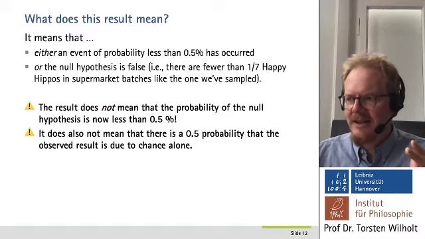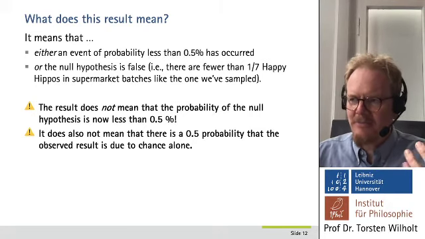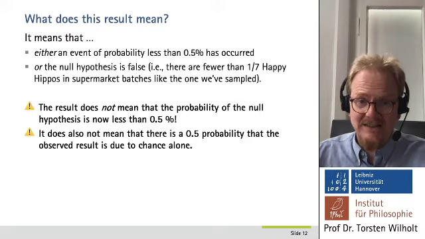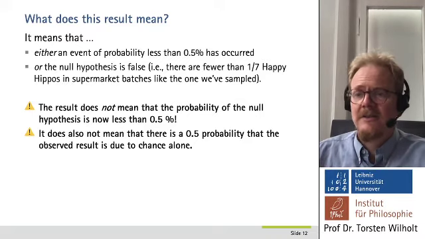The null hypothesis is not the kind of thing that has a probability, because the null hypothesis being true is not an event. It's not a type of event that has a frequency.